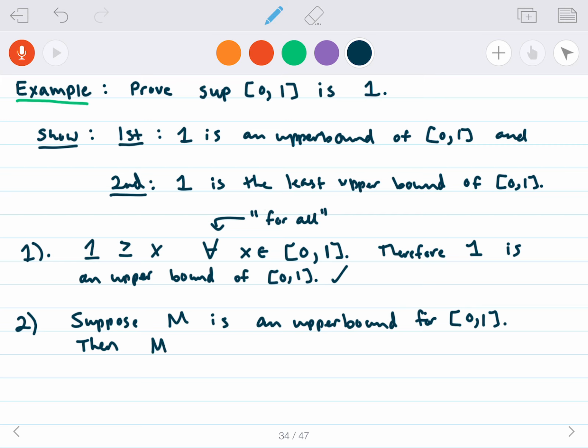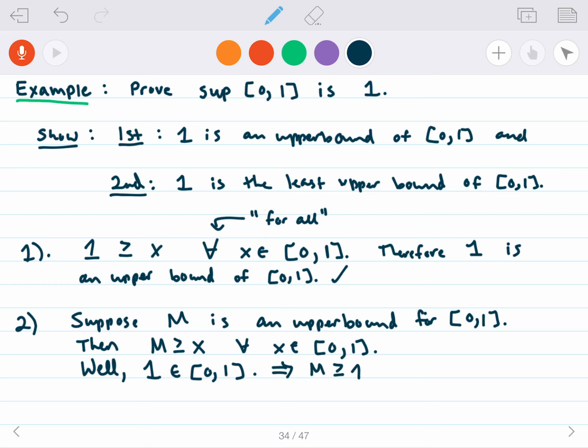That means that M is greater than or equal to x for all x in [0, 1]. Well, 1 is in [0, 1]. Right? Because of the brackets, it says that 1 is actually included in that set. And therefore, M is greater than or equal to 1, i.e. 1 is less than or equal to M.